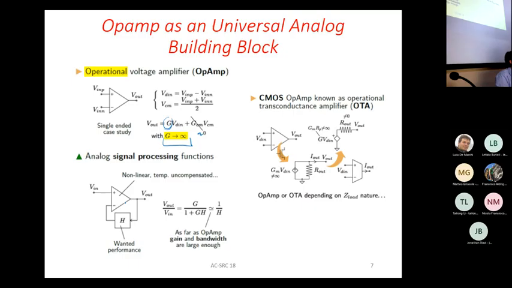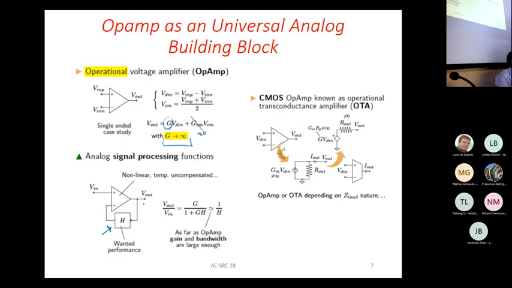Basically we want this because operational amplifiers are always connected in feedback loops. And in a feedback loop, we have a feedback relationship, which here is referred to as function H.